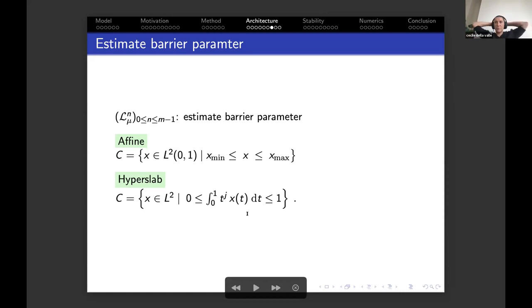But for example, the mass of the system is the moment of order 1 of my solution, and what I can say is that initially I want to ensure that the mass of the cluster doesn't exceed the total mass of the system. So that would be a hyperslab condition.